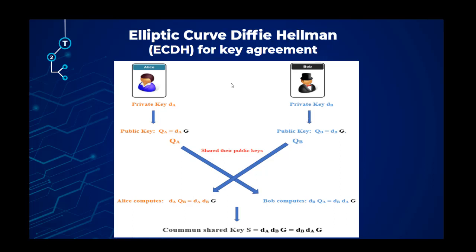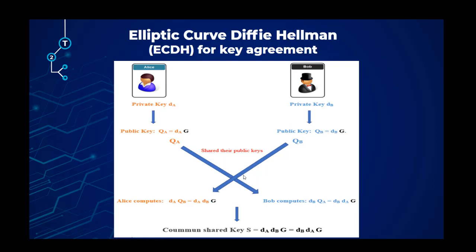The first thing: Alice will generate a random private key, named dA, and take a point on the elliptic curve called generator G, and then determine her public key by computing the multiplication between her own private key and the generator, and then pass this public key to Bob. Likewise, Bob will also generate a secret key, then compute a public key and pass it to Alice.